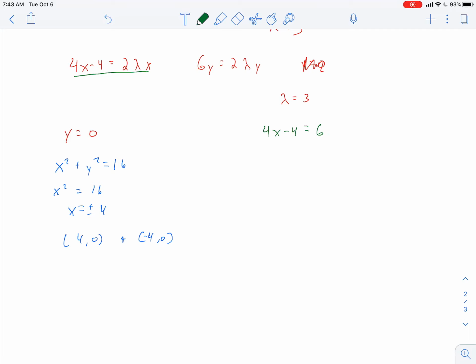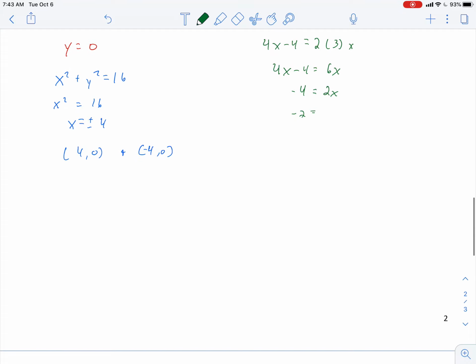Let me write that out so you don't get confused: 2 times lambda times x. All right, so I get 4x minus 4 is equal to 6x. Subtract both sides by 4x, I get 2x on the right side. Divide by 2, so negative 2 is equal to x.